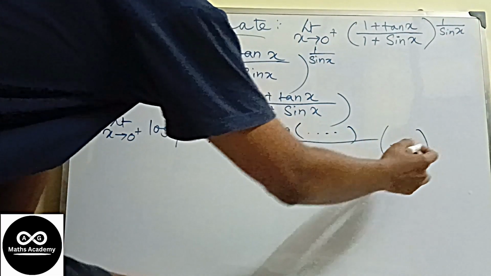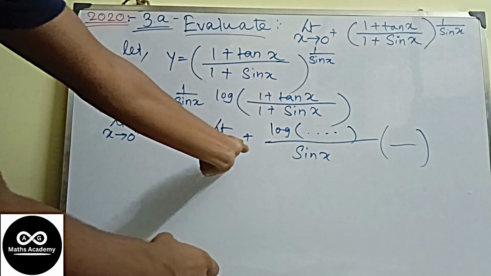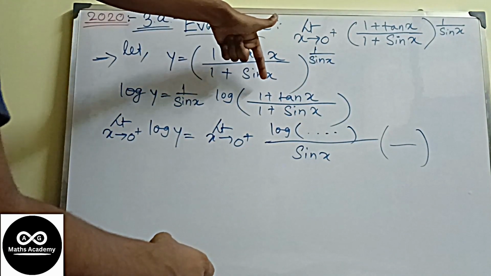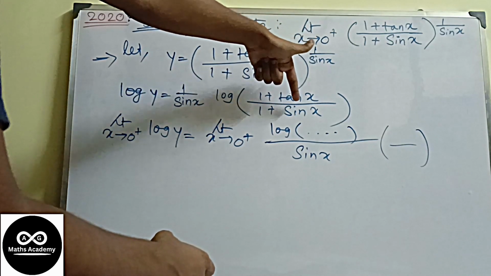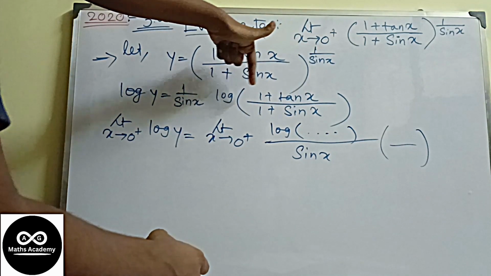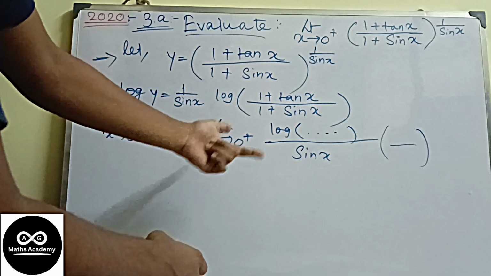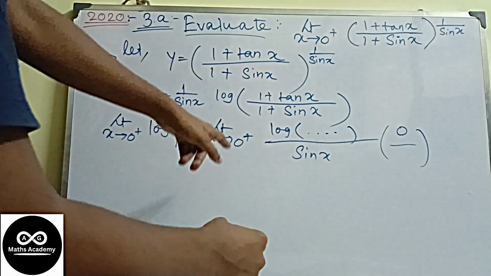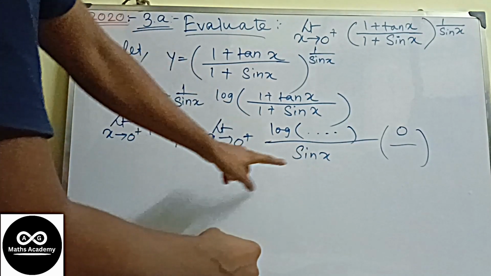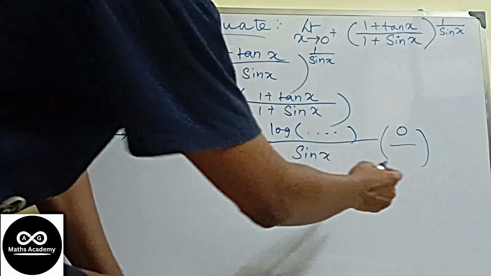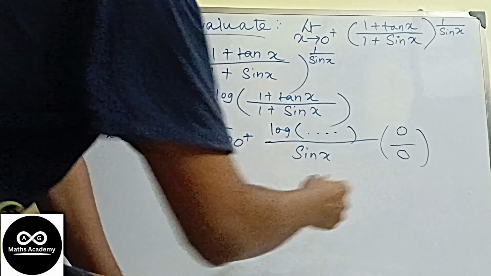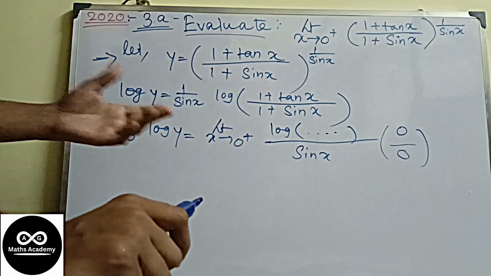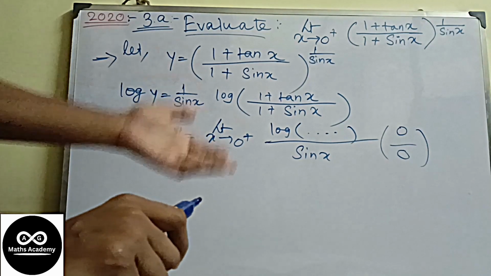Observe it very carefully. If we put 0 here and here, tan 0 will be 0, sin 0 will be 0, so it will be log of 1, which is 0. So this part will be 0, and this part, sin 0, will also be 0. So in this case we're going to use the L'Hopital method.